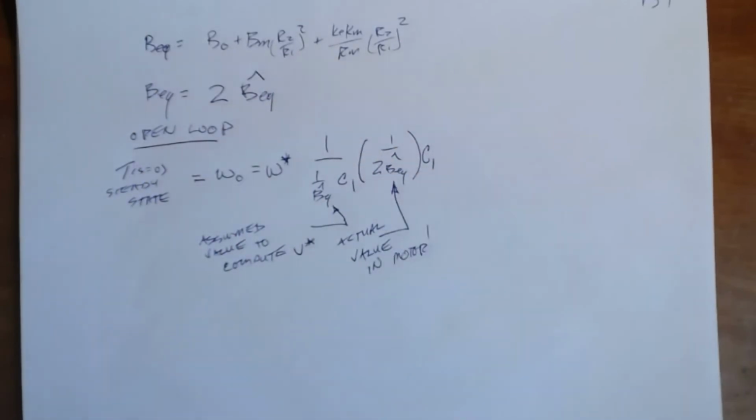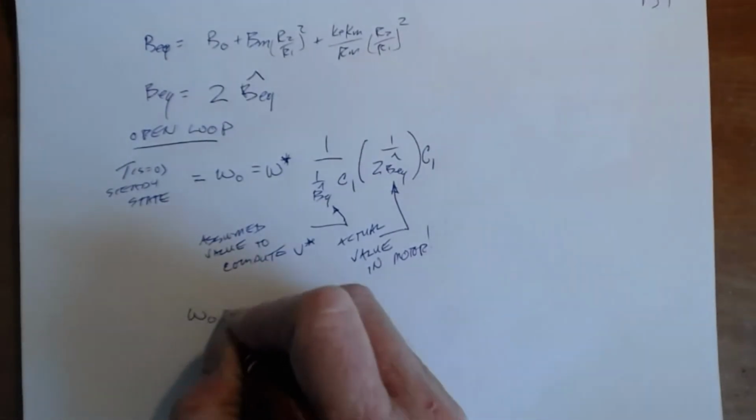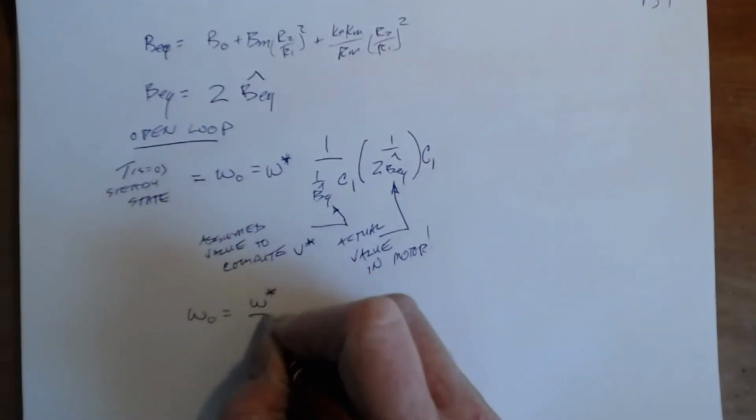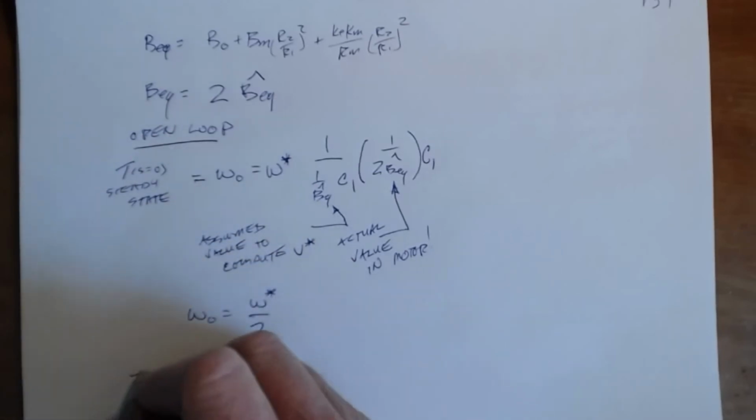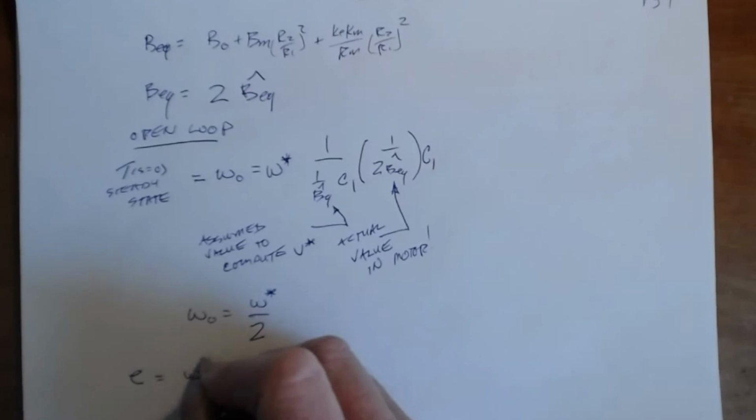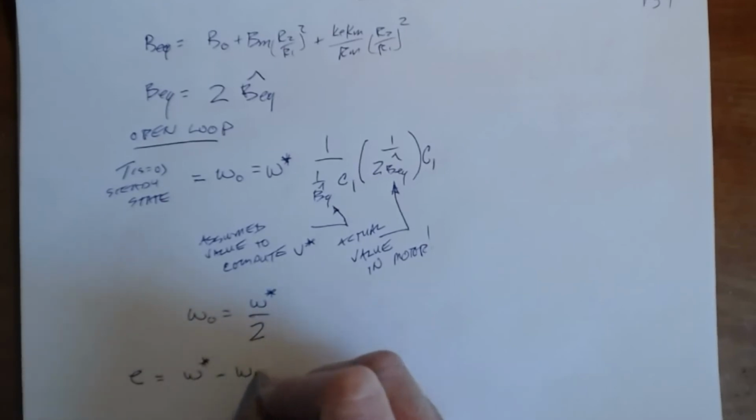Right? So they're different. And so what we see is that omega out is omega star over 2. And so how much error is that? Error is equal to omega star minus omega out over omega star.